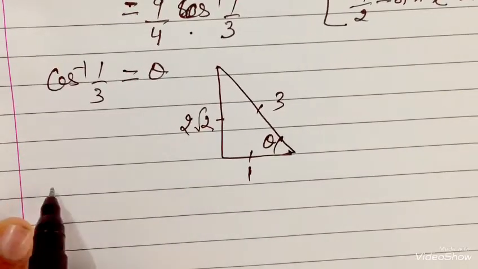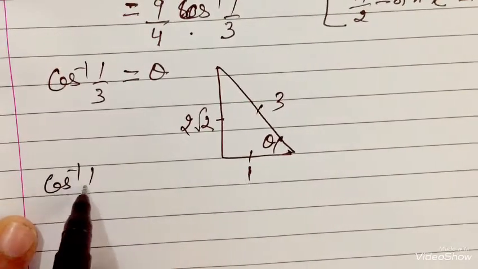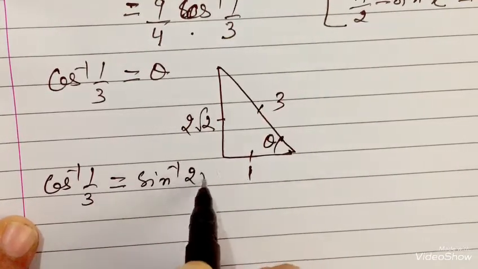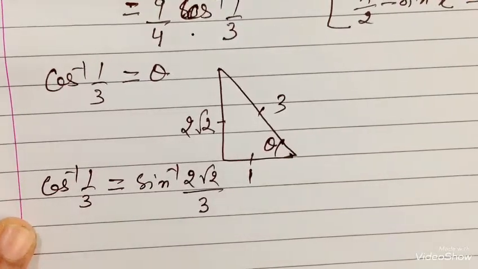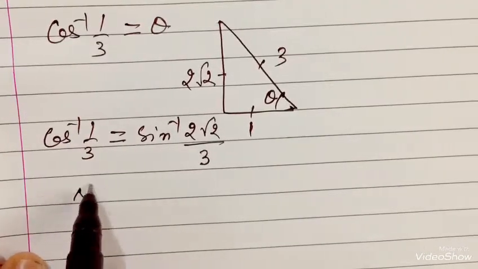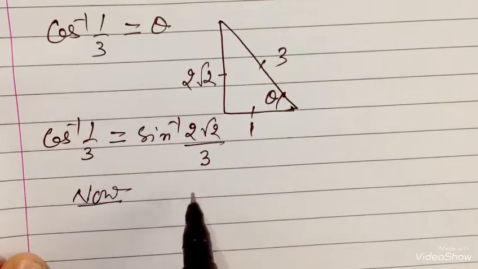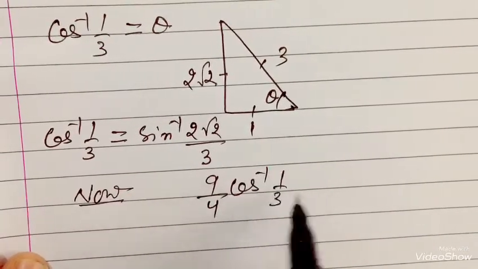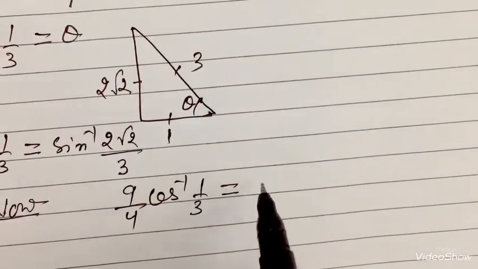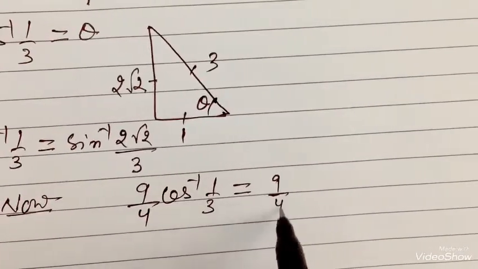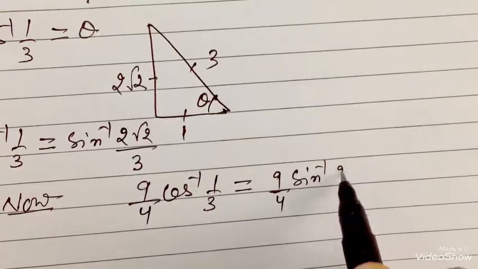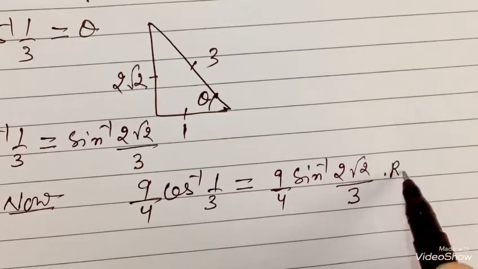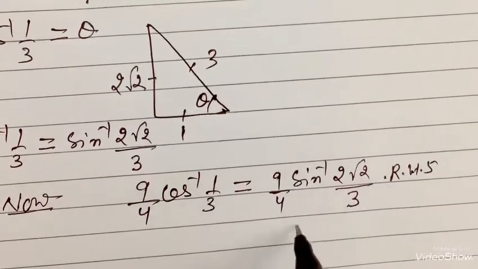Okay students, cos inverse 1 by 3 would be equal to sin inverse 2 root 2 by 3. And now 9 by 4 cos inverse 1 by 3 becomes 9 by 4 sin inverse 2 root 2 by 3. Okay, and it is the right hand side. Hence proved.